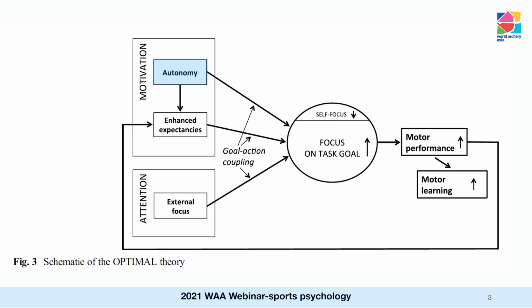In terms of the motivation, there are two elements. The first one is autonomy support, and the second one is enhanced expectancies. Whereas in the attention part, the external focus of attention is more suggested compared to the internal focus of attention. Now let's look at the first part.